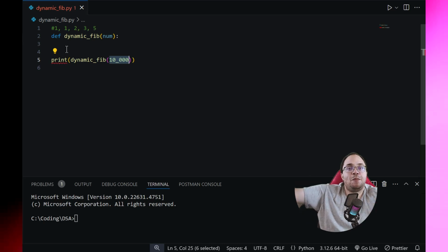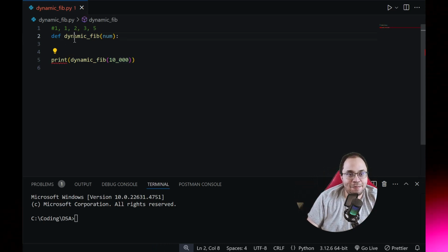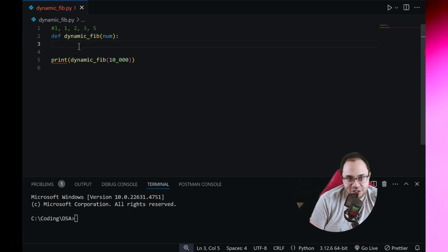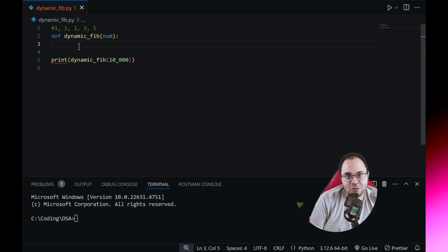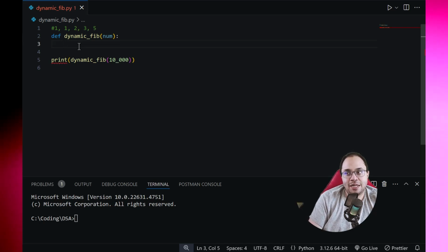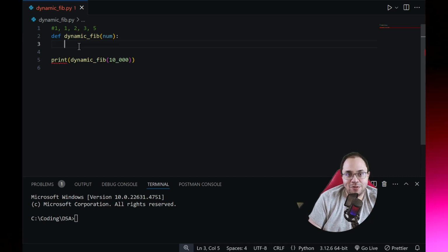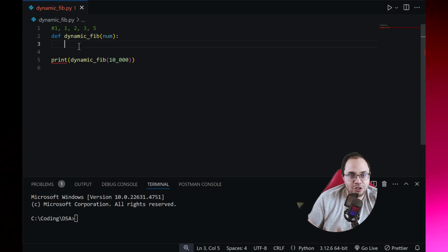We're going to do a bottom-up approach. And a lot of times the bottom-up approach is a lot more efficient, especially in terms of time, and in terms of space it is usually more efficient. One of the problems we ran into in the recursion video, so if you don't understand what I mean by recursion, I do have a video on recursion where we actually work out Fibonacci using recursion.